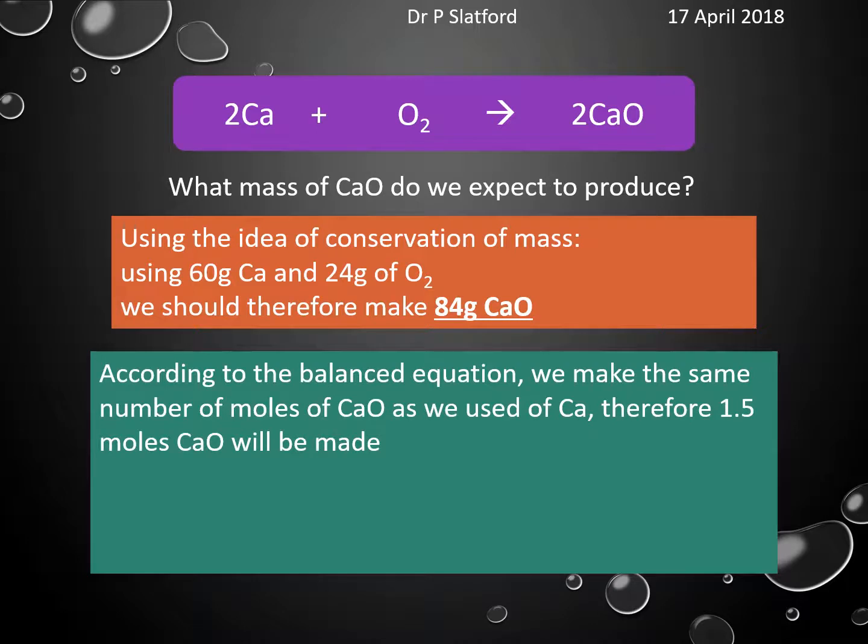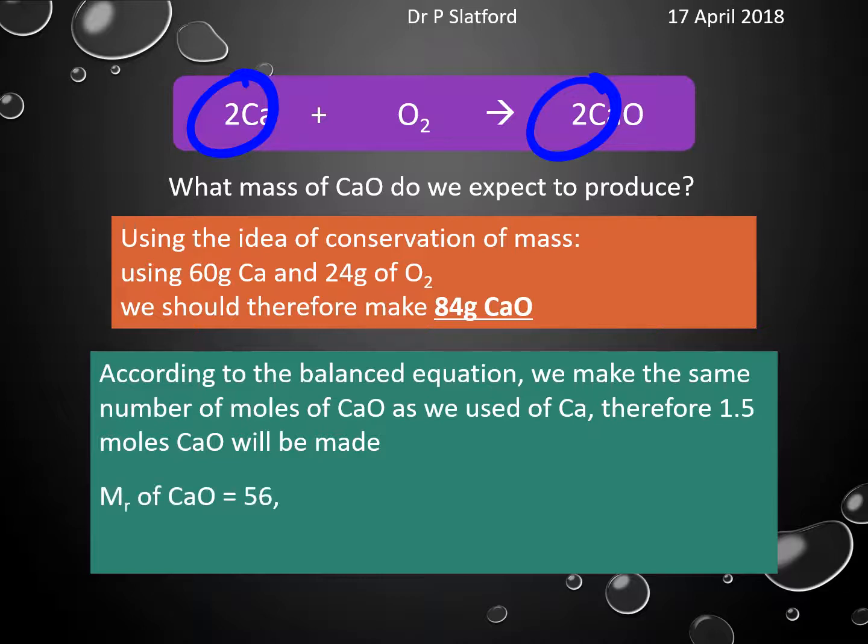But we can also use moles here. According to the balanced equation, we make the same number of moles here, because I've got a 2 here and a 2 there. I make the same number of moles of calcium oxide as I started off with in terms of moles of calcium. And therefore, I'm going to make 1.5 moles of calcium oxide.